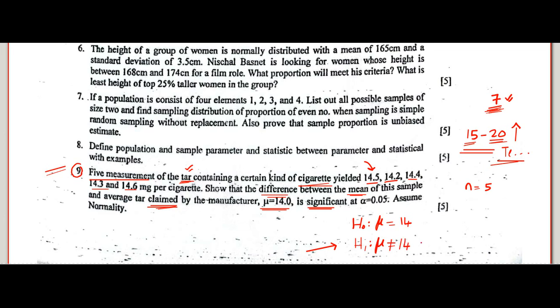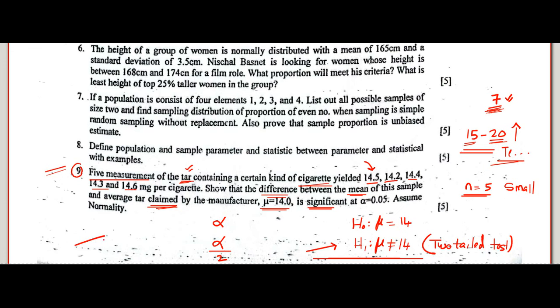You have to understand a few things. By looking at the alternative, I can understand that this is a two-tailed test. By looking at the sample size, I find that it is a small sample test. Another thing I want to add is, when you go for the level of significance, write alpha, then alpha by 2.